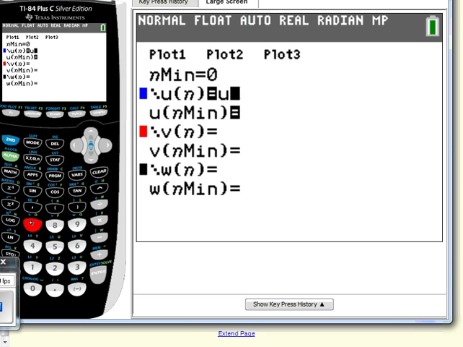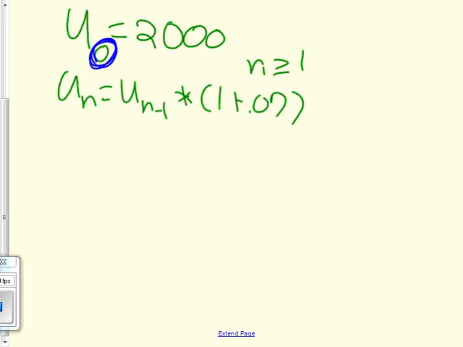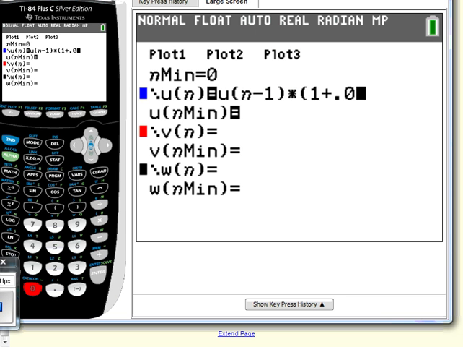We go u of n minus 1 multiplied by 1 plus 0.07. And then our u of 0 is equal to $2,000.